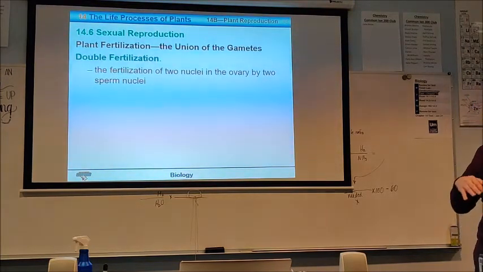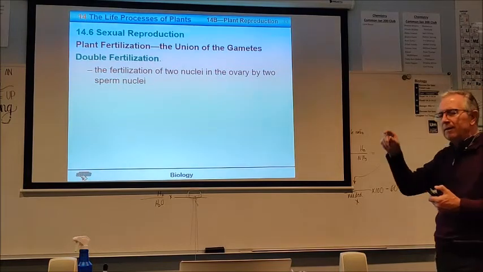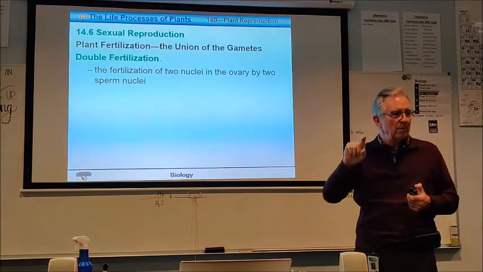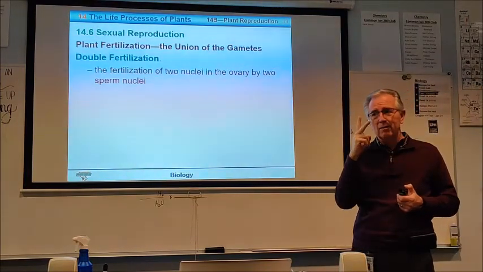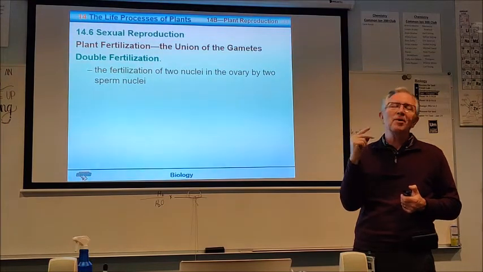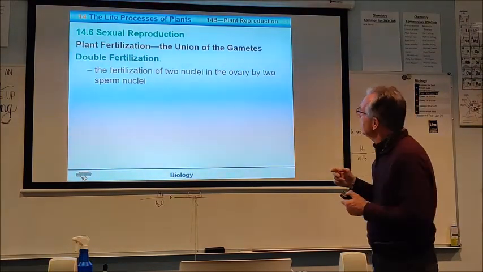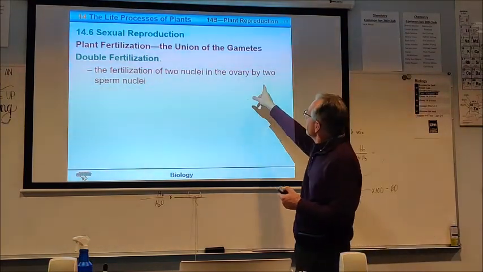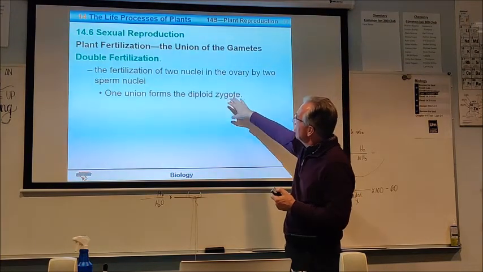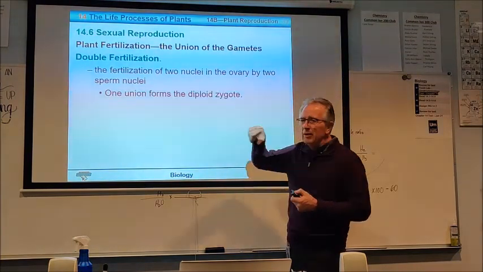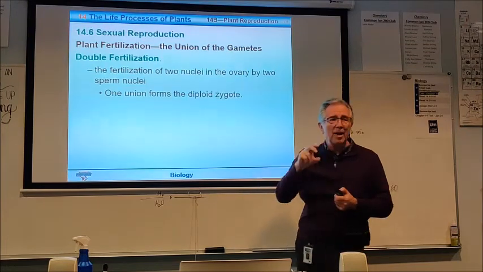So in this process of fertilizing, the sperm nuclei that make their way down each have a job to do. One of them is going to go to the ovary and unite with an egg and form a diploid zygote, okay?